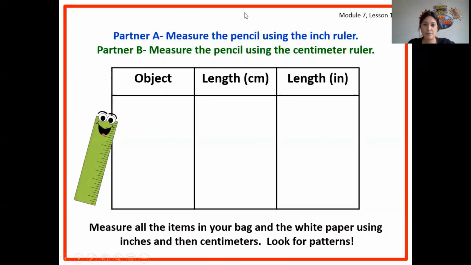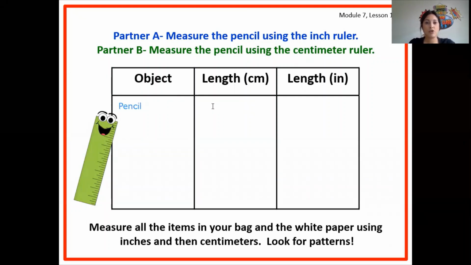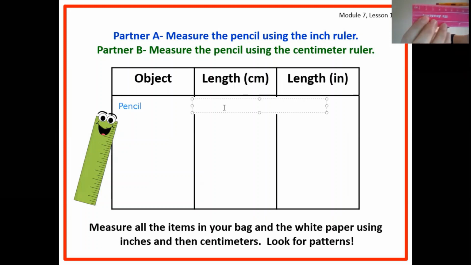So here, for example, let's say I want to measure the pencil, my pencil. So I'm gonna write my object is my pencil. Now I have to figure out my length in centimeters first. See how right here it tells you centimeters? So you have to figure out in centimeters. So you go to your ruler, centimeters are the smaller side.